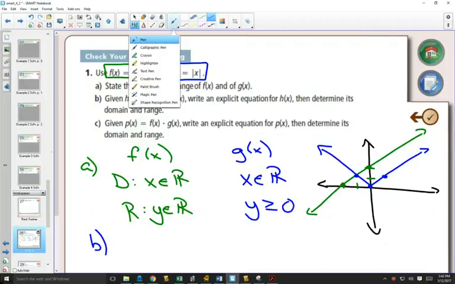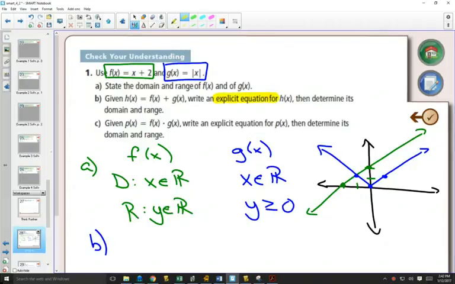and another important definition to highlight here says write the explicit equation. An explicit equation is when you're not using function notation. You're just using x's. So h of x is equal to f of x plus g of x. This is not an explicit equation because it has functions in there. But we can change it into an explicit equation.